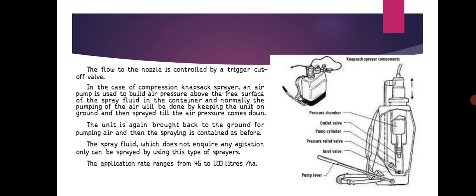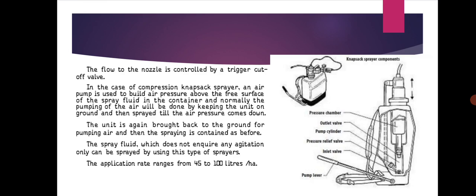In the case of a compression knapsack sprayer, an air pump is used to build air pressure above the free surface of the spray liquid in the container. Normally the pumping of the air is done by keeping the unit on the ground and then spraying till the air pressure comes down.